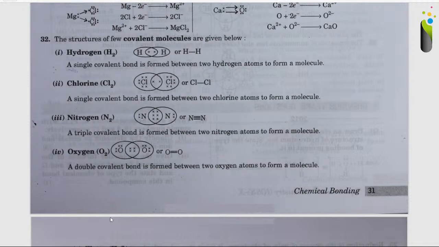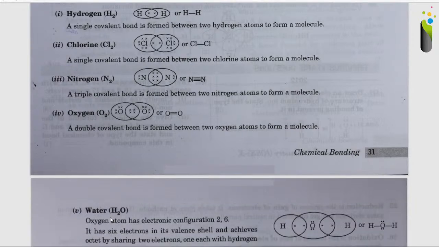Even here, a single covalent bond is formed between 2 chlorine atoms to form a molecule. Then we have nitrogen, that is N2, wherein a triple covalent bond is formed between 2 nitrogen atoms to form a molecule. Then the fourth example is oxygen, wherein we write it as O=O. So a double covalent bond is formed between 2 oxygen atoms to form a molecule.